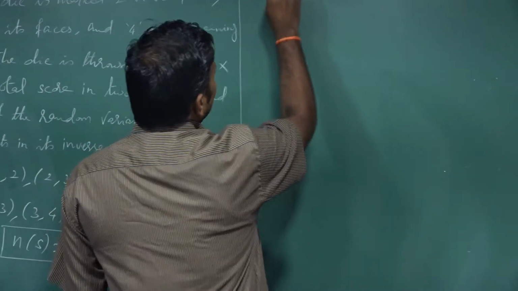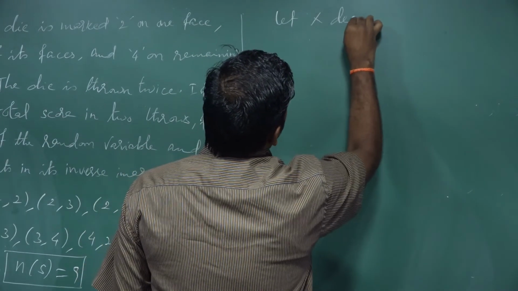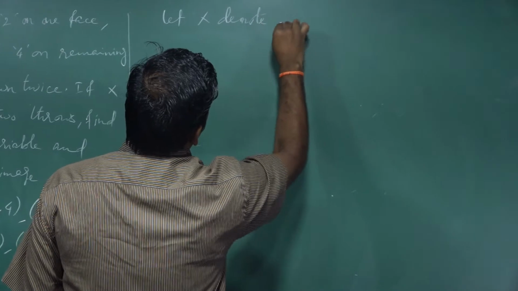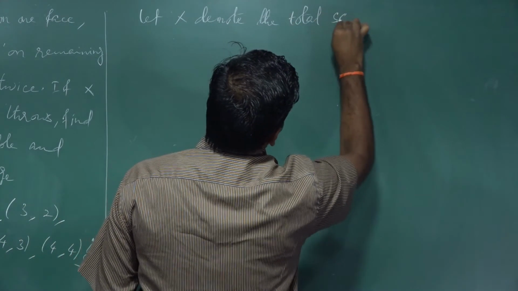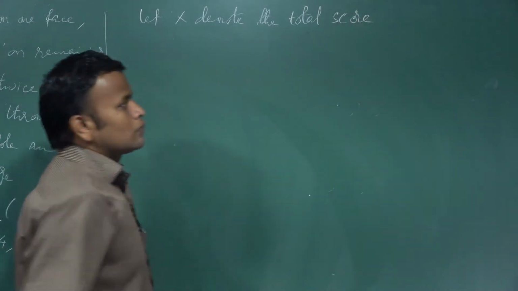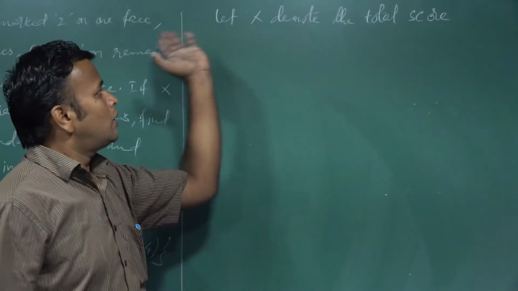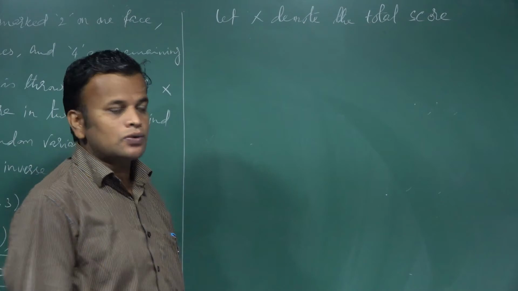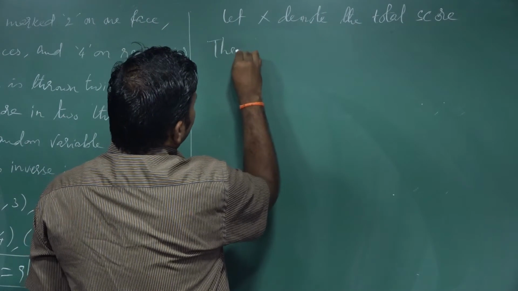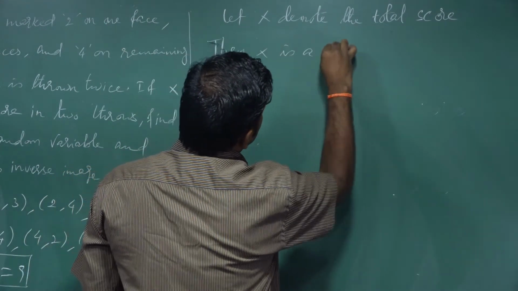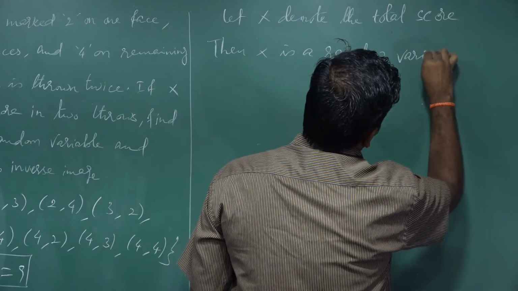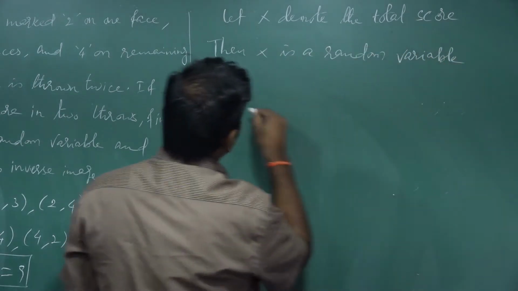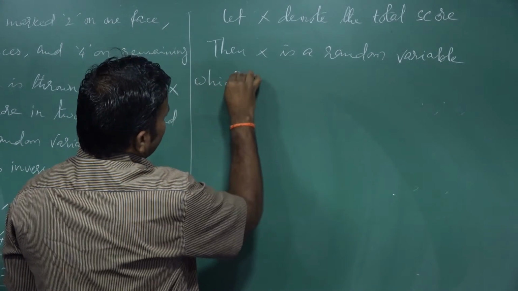So we write, let X denote the total score when 2 dice are thrown. Then this X is a random variable which can take the values.